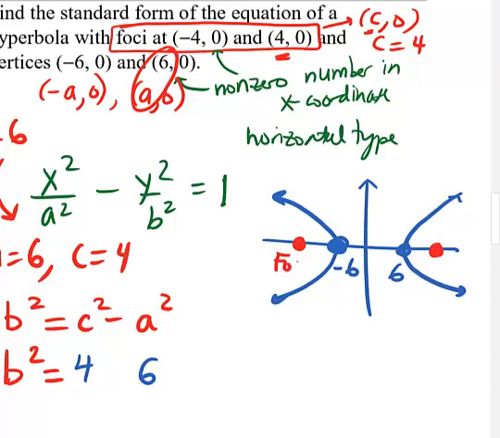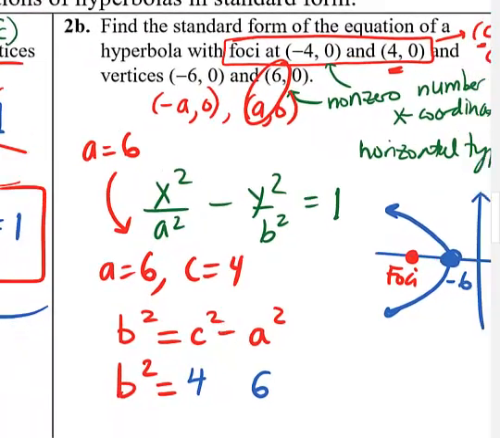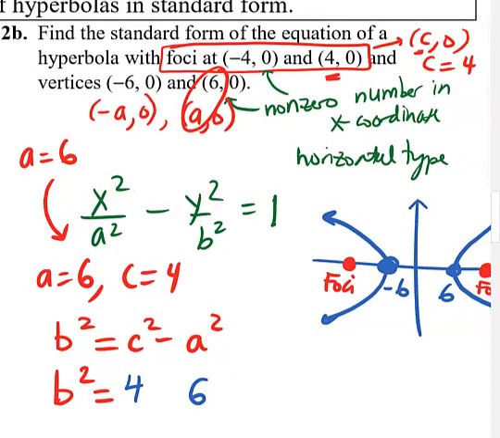So this should be one of the foci, and this should be the other. But that means that the x-coordinates of the red points, the foci, should be larger, but they're actually smaller. So I think I mixed these up. I'm sorry. If you don't mind, on your notes, cross off the word foci and put vertices, and cross off the word vertices and put foci. I'm sorry, I screwed it up.